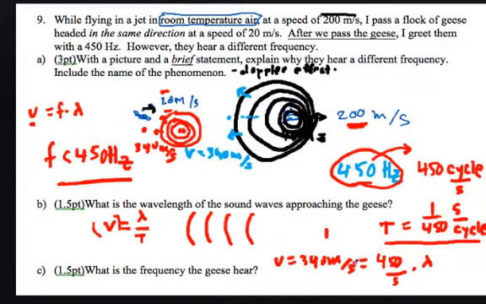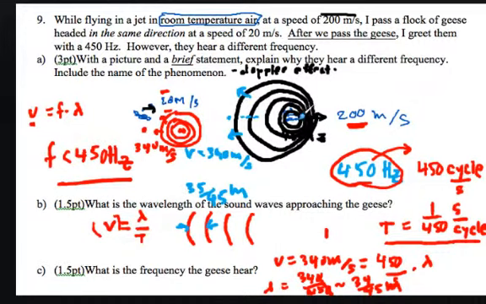So lambda is equal to 340 over 450, about 34 over 45 meters. So this lambda with no plane is about 34 over 45 meters.